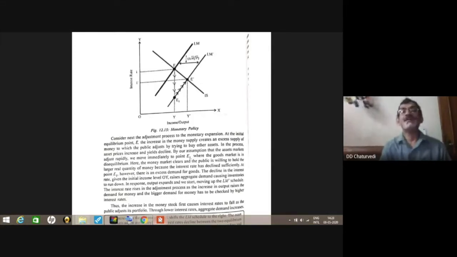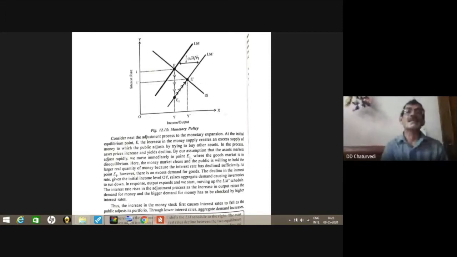And when we move from E1 to E dash, we again come back to the general equilibrium. Please remember, at E point, we are having equilibrium in both product and money market. When we reach E1, the money market is still in equilibrium, but we are on a new LM curve, and there is a disequilibrium in the product market.